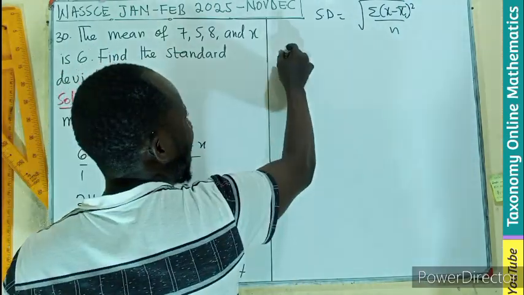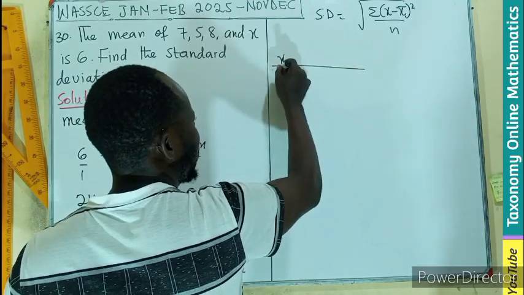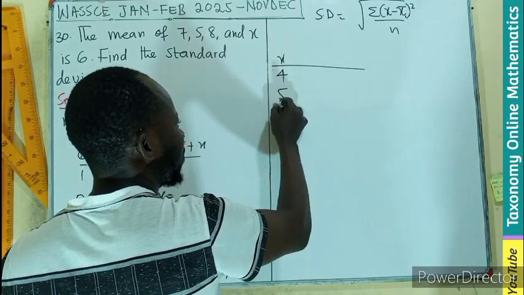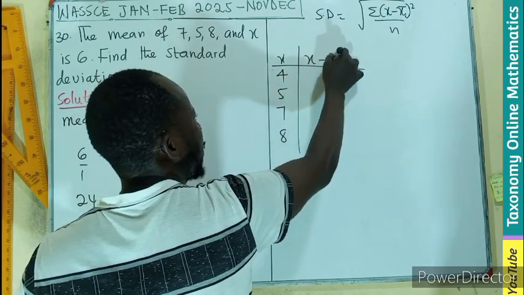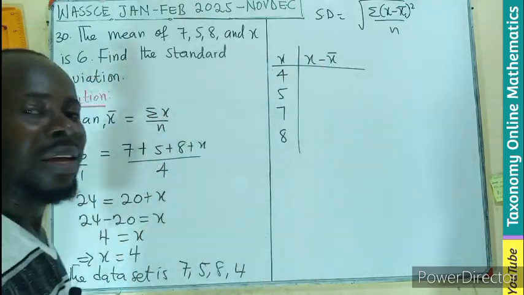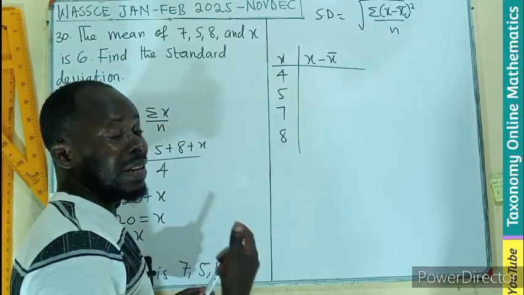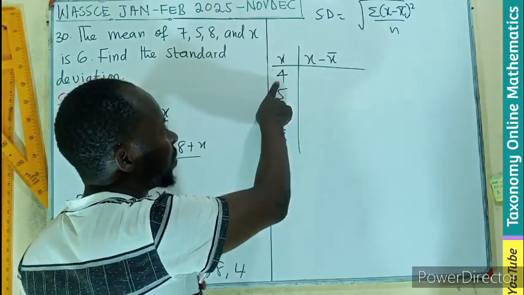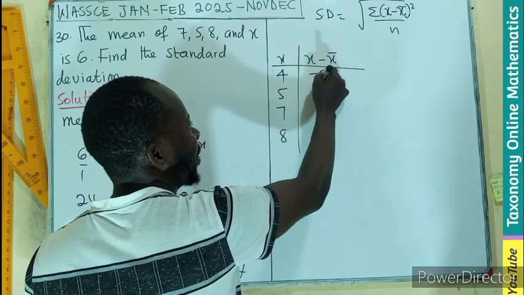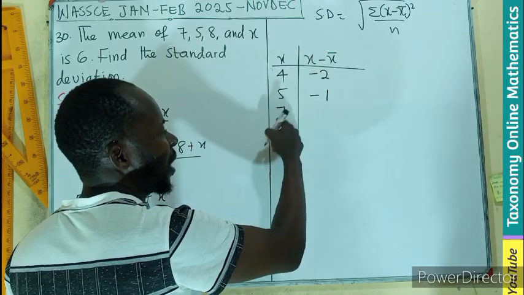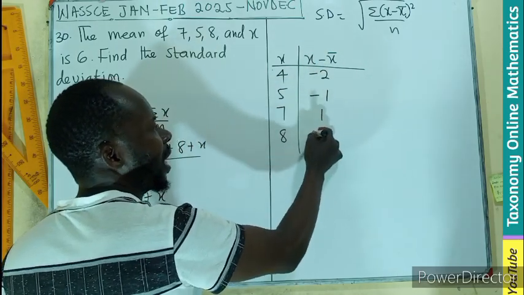So if I have the x, let's rewrite it: 4, 5, 7, 8. So I need the deviation in the numbers, the data set, right? So 4 minus 6 will give you minus 2, minus 1, 1, and 2.